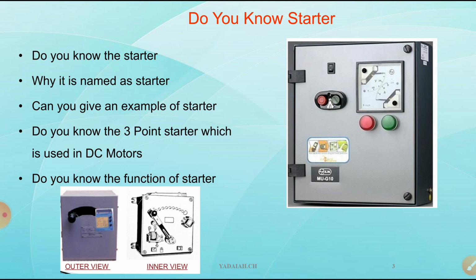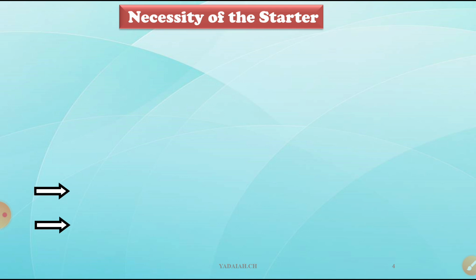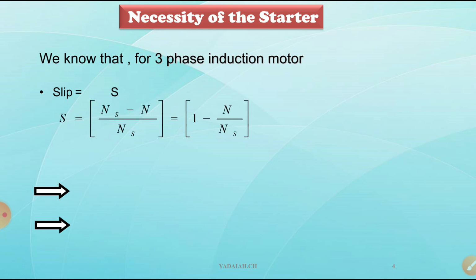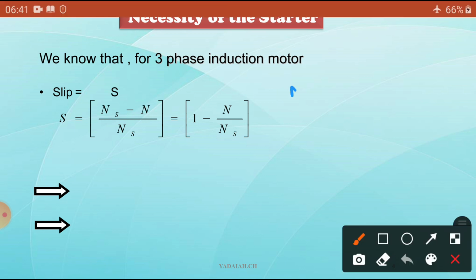Now first of all, what is the necessity of the starter? Let us see. For a 3-phase induction motor, the slip S is equal to (Ns minus N) divided by Ns, where Ns is the synchronous speed. Just now we have seen that Ns is equal to 1500 rpm, revolutions per minute, and initially the rotor speed N is equal to 0.